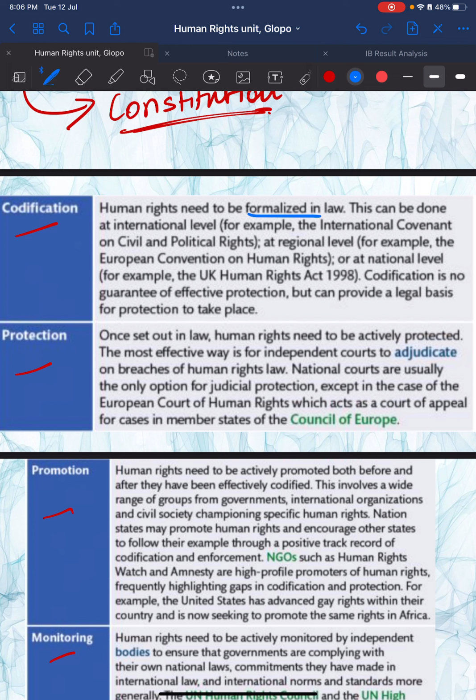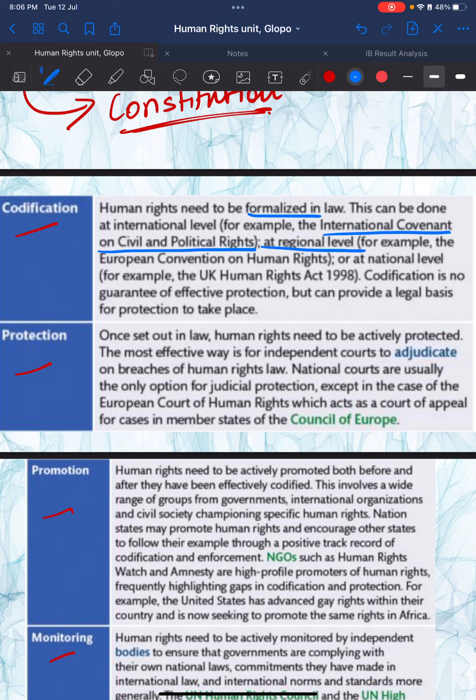This can be done at international level, for example, the International Covenant on Civil and Political Rights. If you remember, in the UDHR I discussed 2 covenants which were published in 1966, and they got their enactment somewhere in 1976. So this is called codification of the law.